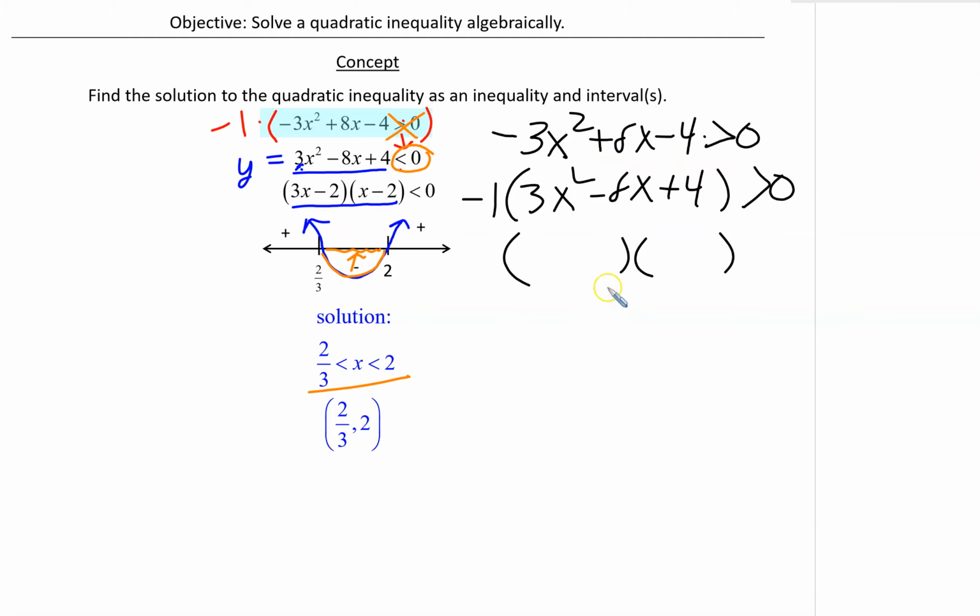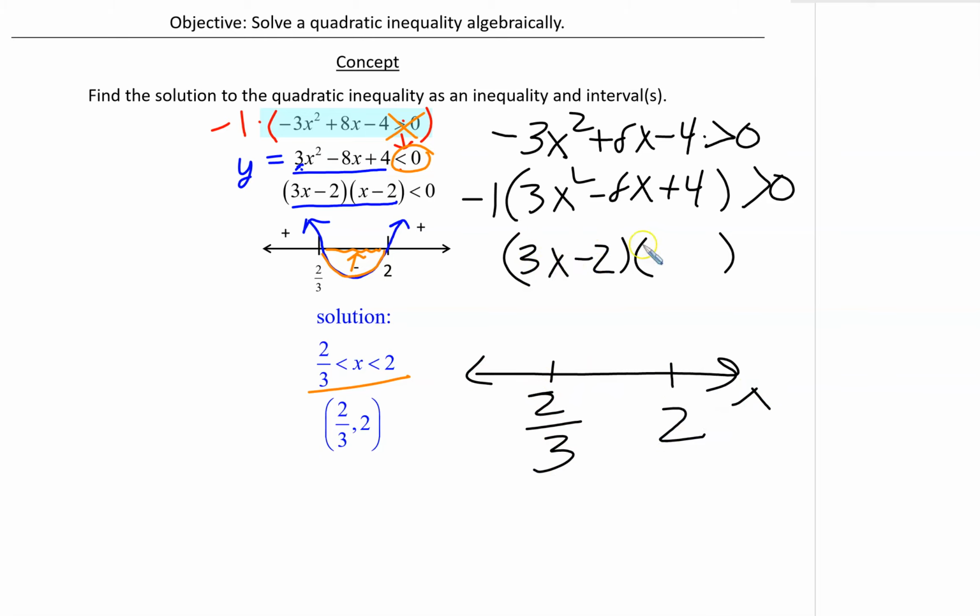But you'll get the same zeros. So here's our x-axis, here's our zeros of 2/3 and 2, which come from our factors of 3x minus 2 and x minus 2. But now we're using this as our related function, and a is negative, which means our parabola opens down, like so.